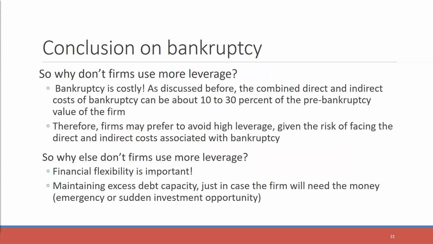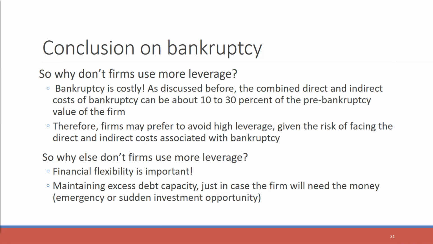Okay, so in conclusion, why don't firms use more leverage? Well, bankruptcy is costly. As we discussed before, the combined direct and indirect cost of bankruptcy can be about 10 to 30% of the pre-bankruptcy value of the firm. Therefore, a firm may prefer to avoid high leverage given the risk of facing these really high direct and indirect costs.